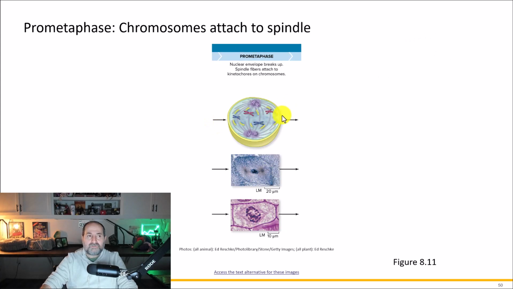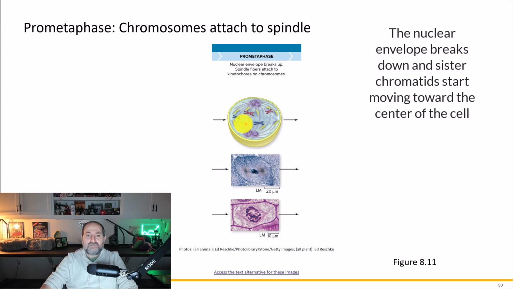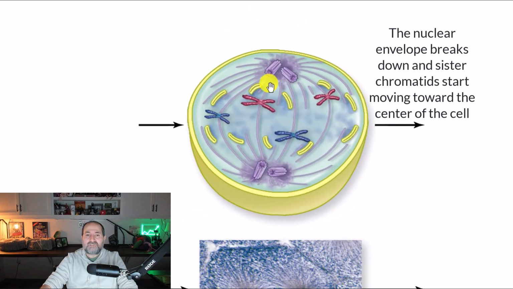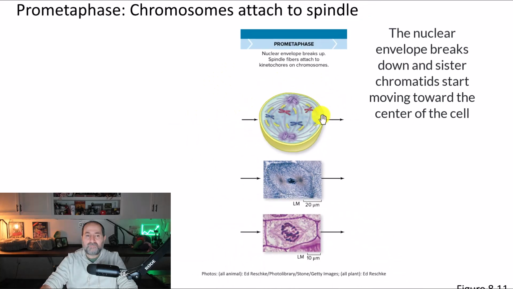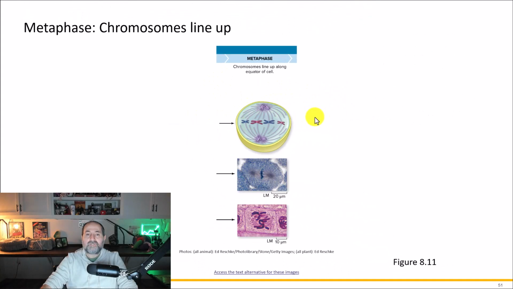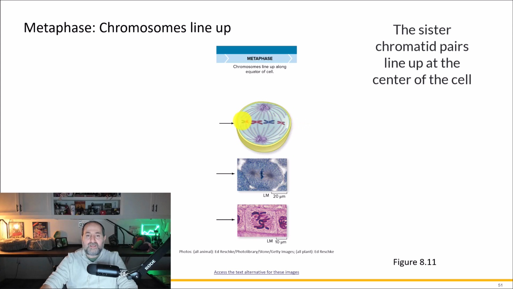You should know that during prometaphase, the nuclear envelope breaks down and the sister chromatids begin to move to the center of the cell. Then during metaphase, the sister chromatid pairs line up at the center of the cell.